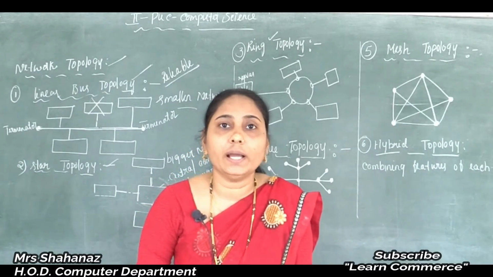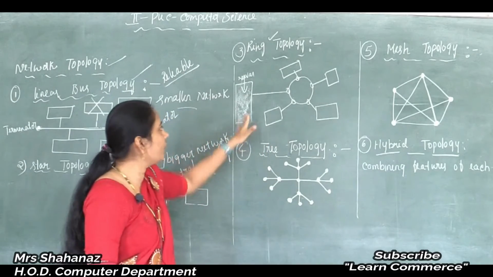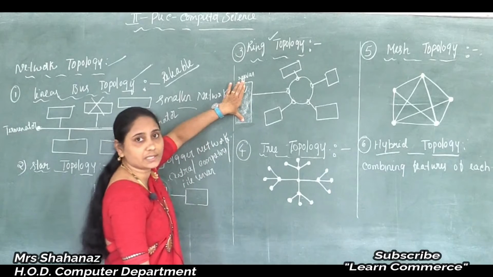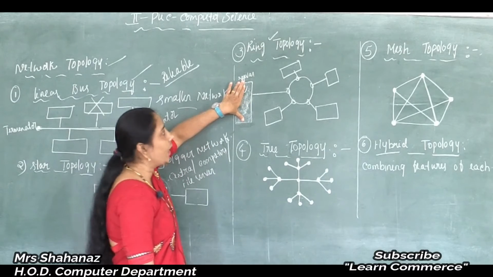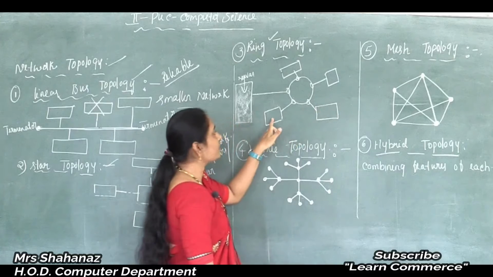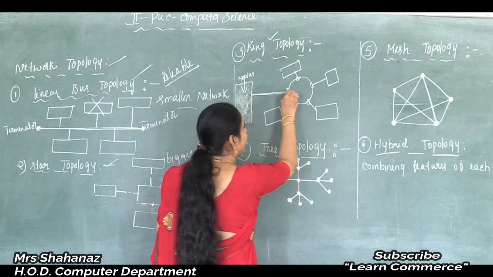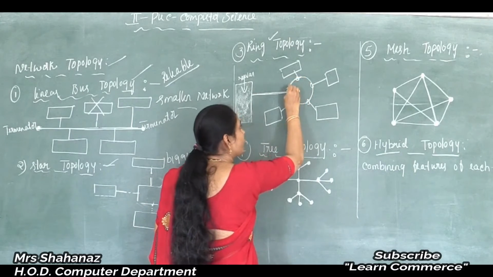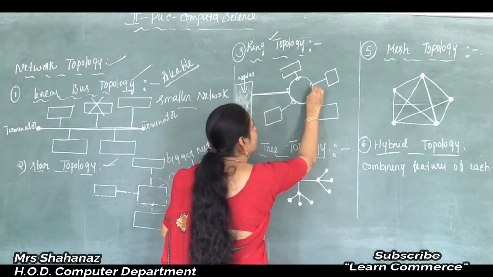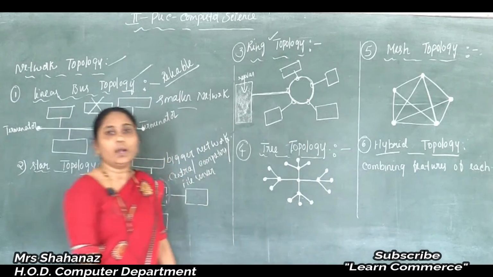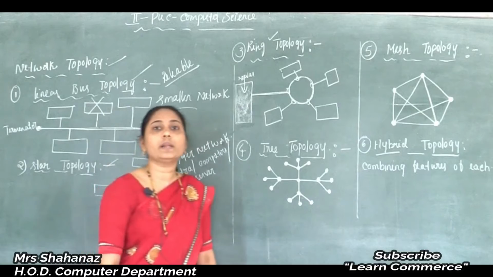So what about the ring topology? Here, for example, this is called the server, everything is going to pass through it, all these are called workstations, and this is called the cable. Correct? And here also, in a circle, we use the cable. How does communication occur in our ring network?